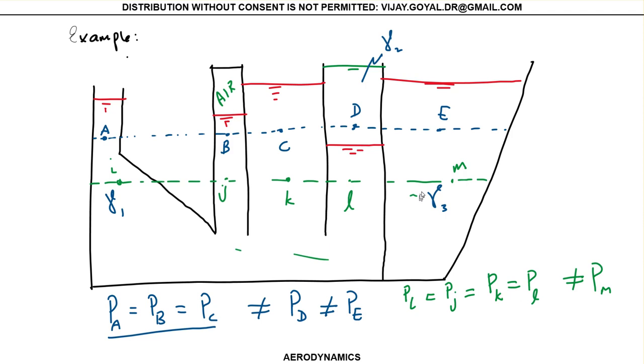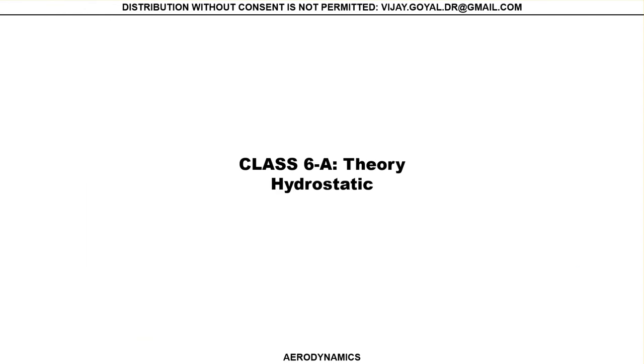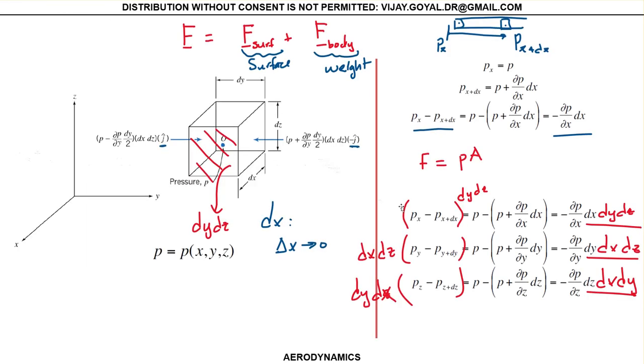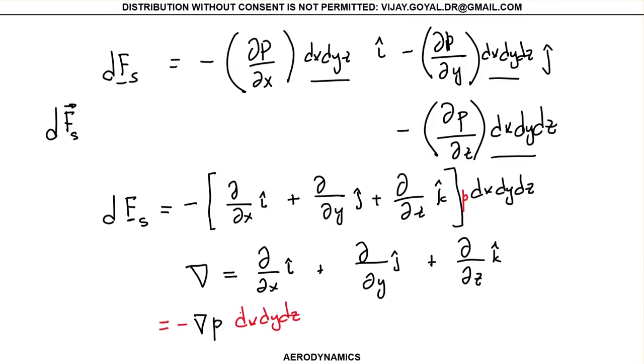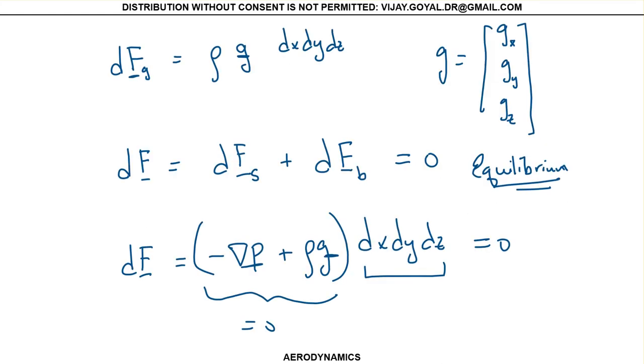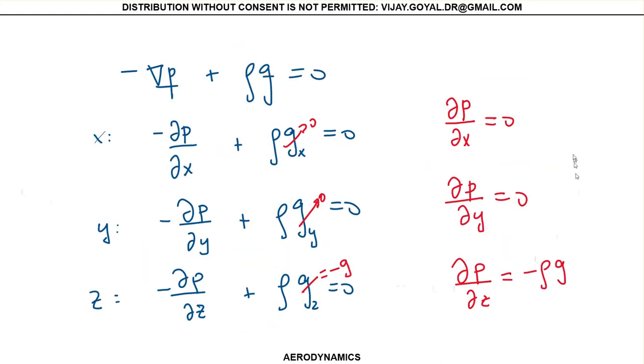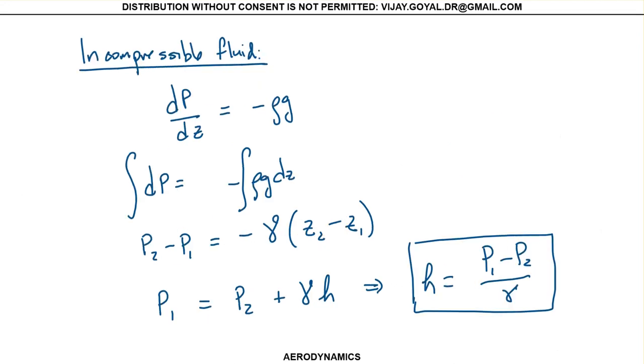So this is kind of how these problems actually work, and this is for the hydrostatic case. We basically started the problem, we did a free body diagram. I'm sorry for all this derivation, but at the end of the day, these are the equations that we really care for. And this last equation becomes very important for incompressible fluid.